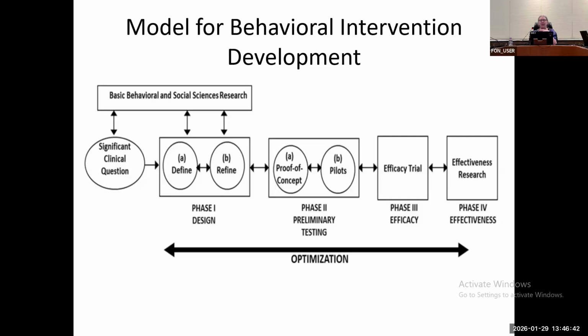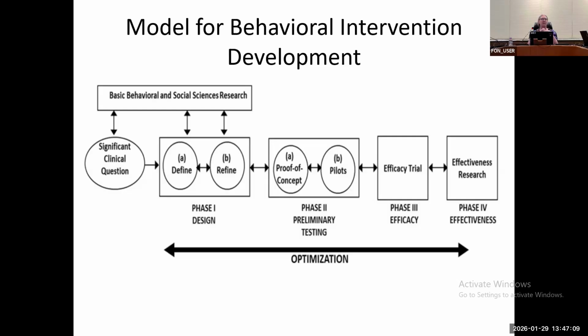And then this ORBIT model ends with effectiveness research, but here in this talk we'll go further, because after effectiveness comes implementation dissemination research. So I'll talk about that. But the ORBIT model really only goes up to phase 4, which is effectiveness research, which is a pragmatic clinical trial.